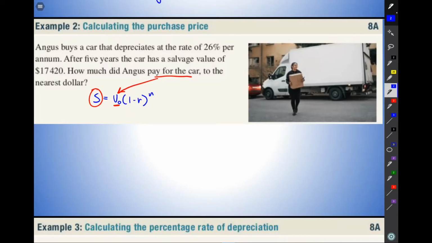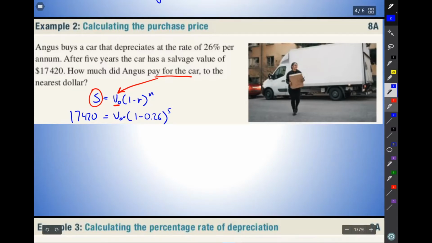So, what we'll do to solve these kinds of questions, the same way we did it with compound interest, let's just fill everything we know into the formula. And now we want V0 to be by itself.